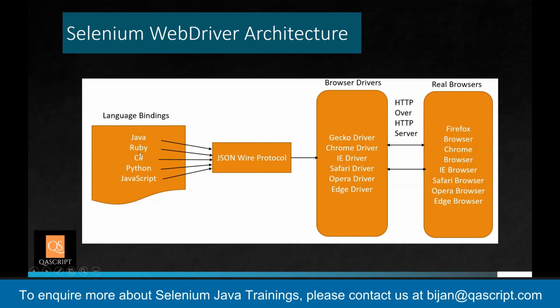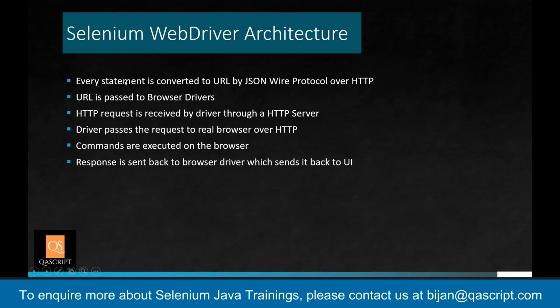So the process is like this, right? So every statement you write using any language binding or in any language, it is converted to a URL, right? So by the JSON Wire Protocol over HTTP. So every statement is converted into a URL and it is sent over to the browser driver. Okay.